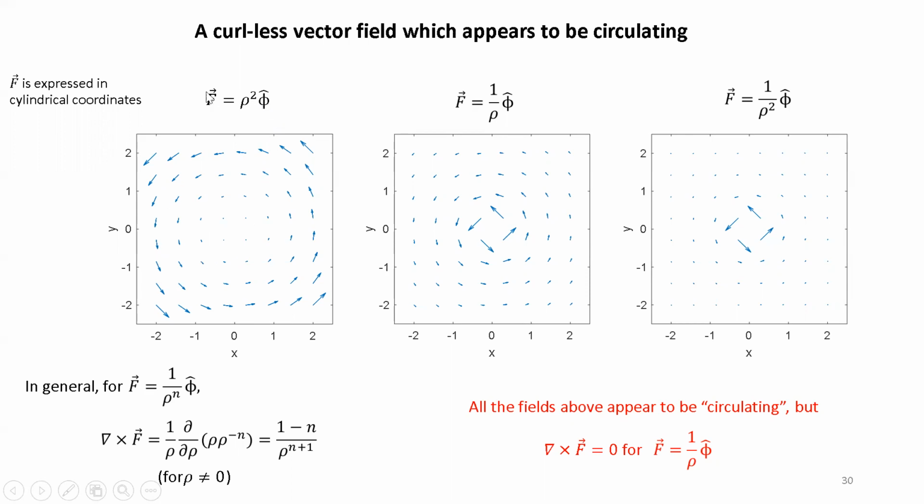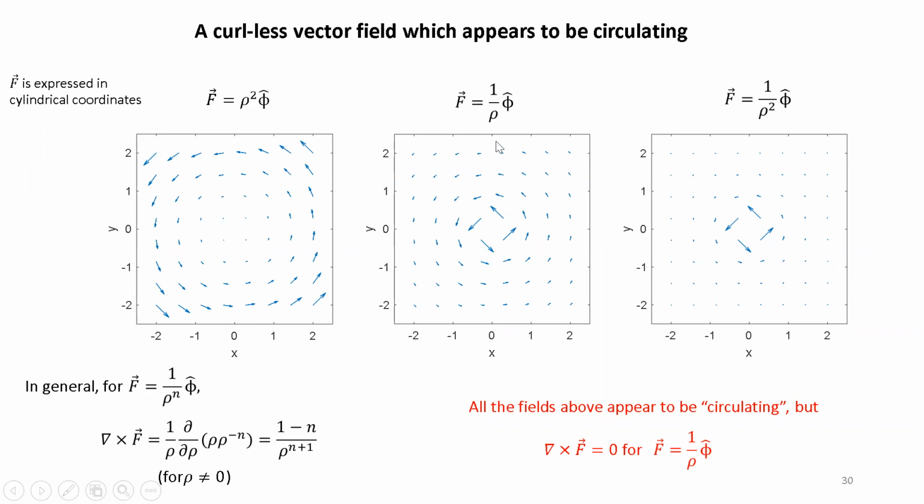This field only has this phi hat, so all the vectors go tangentially along a circle. Because I have this rho squared in front, the magnitude of the vector gets bigger and bigger as you go further from the origin.